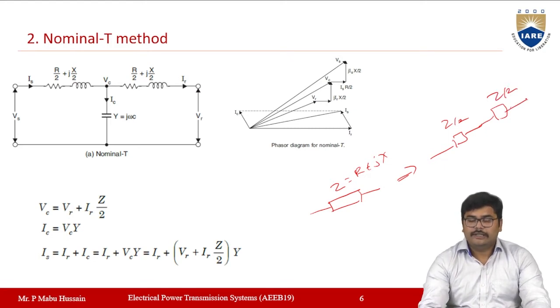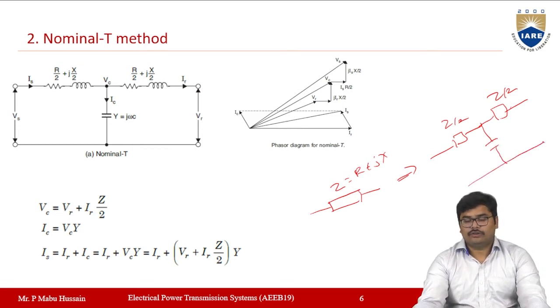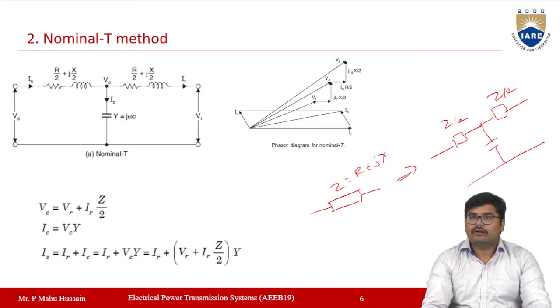In the middle, we keep the total capacitance of the transmission line. This looks like a T circuit, so you call this the nominal T method.